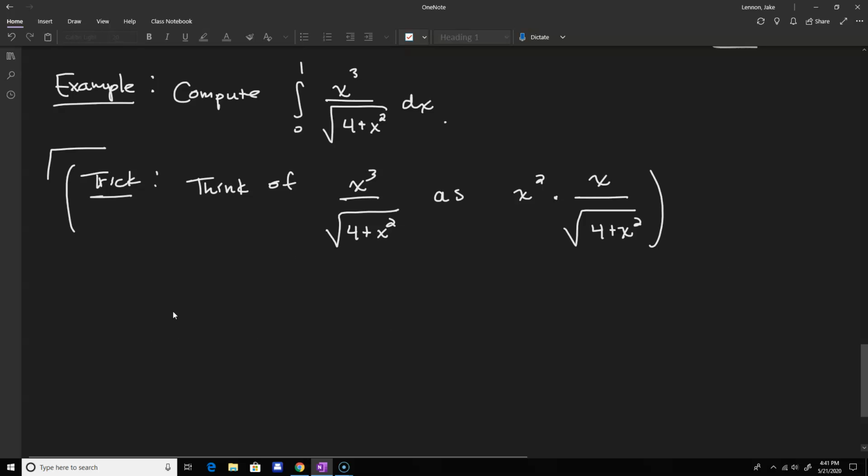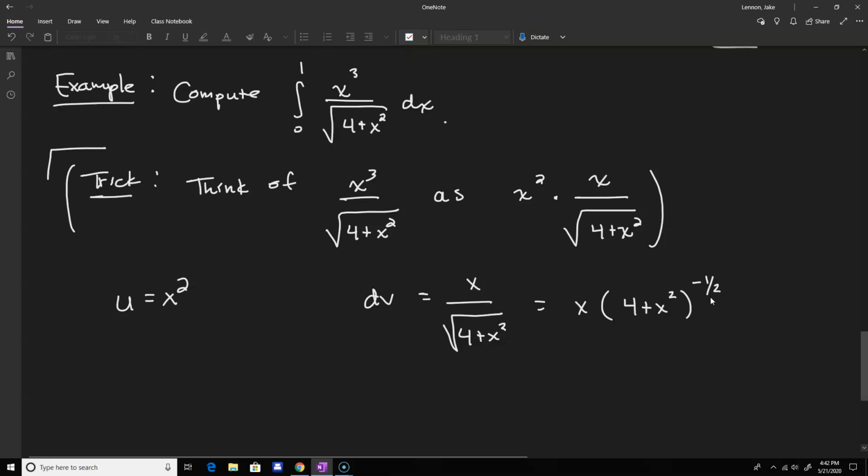So let's go ahead and do that. We let u equal x squared and dv equal x over the square root of 4 plus x squared. And again, it might be helpful for you to think of this as x times 4 plus x squared to the negative 1/2 power.